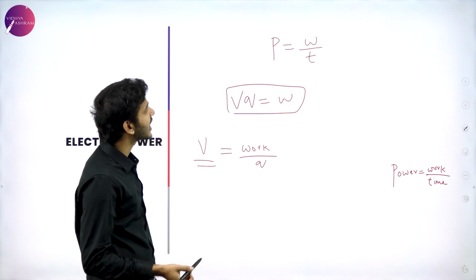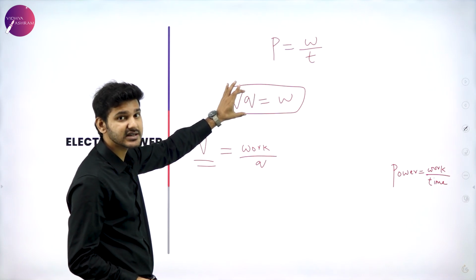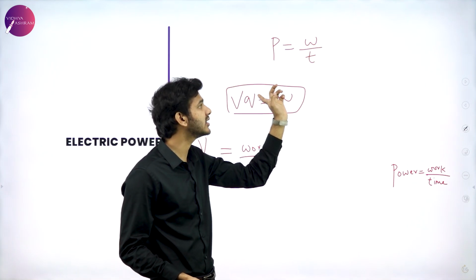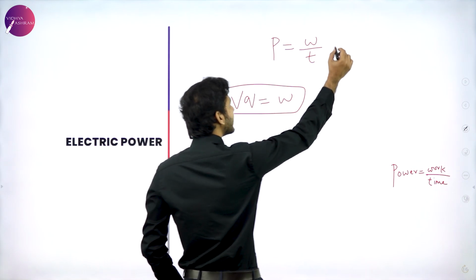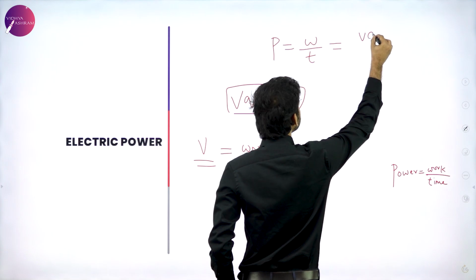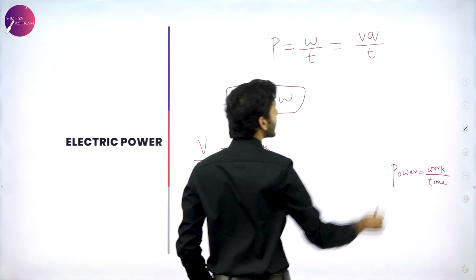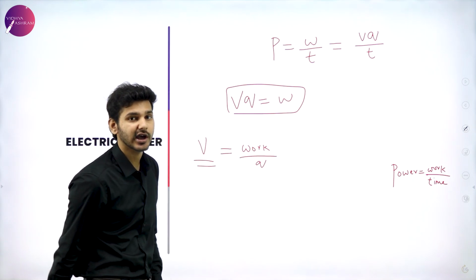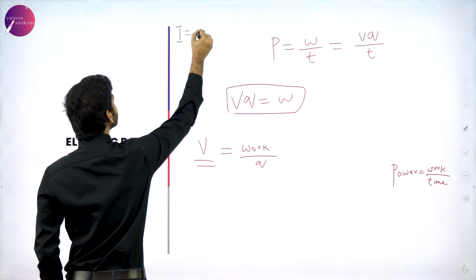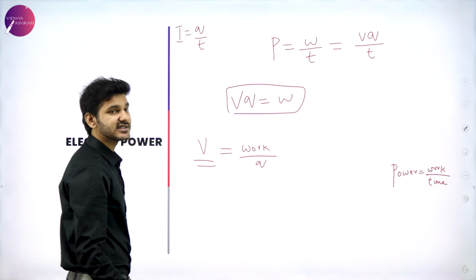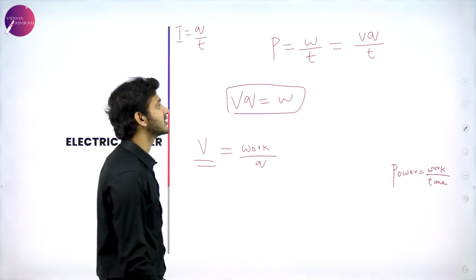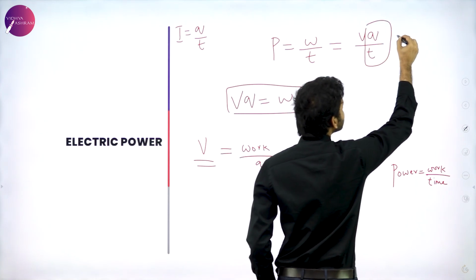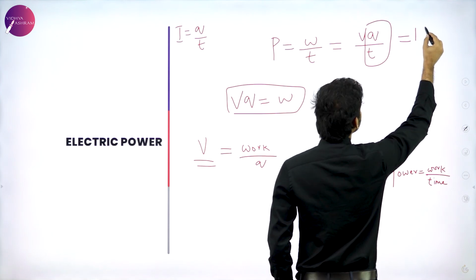That is also clear. So right now we have an equation for work in terms of charges and potential, VQ, and we have an opportunity to substitute that particular equation into the equation for power, so that we can write this particular equation as V into Q divided by T. Now, if you remember the definition of electric current, that is the flow of charges per unit time, that is I is equal to Q divided by T. So we can say that Q by T is nothing but I. So combining these two things, I can write P is equal to VI.